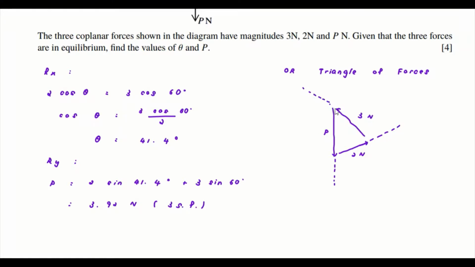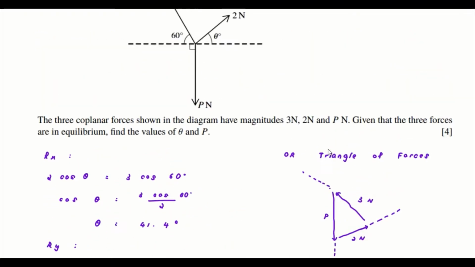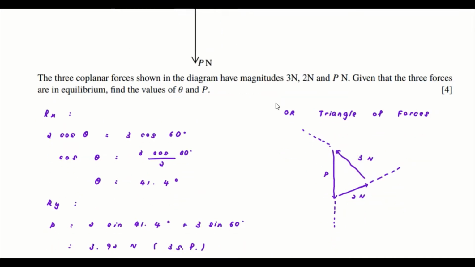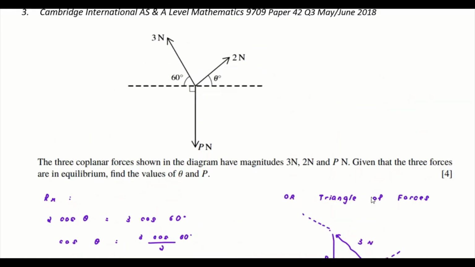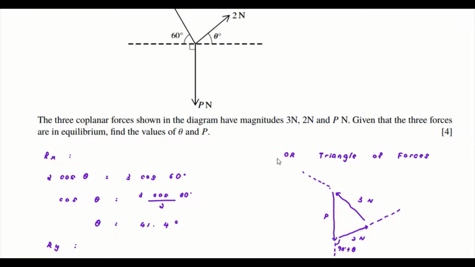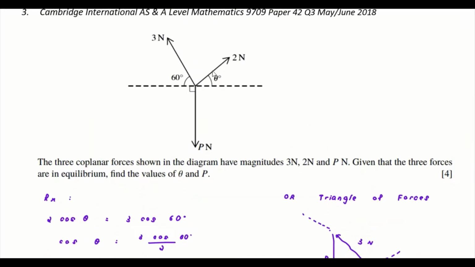Then we can check one by one. You can see this is P, then this is 2, right? So this angle here is basically equal to 90 degrees plus theta. Am I right? So this is 90, so 90 plus theta. After that, move on to the 2 N and the 3 N.